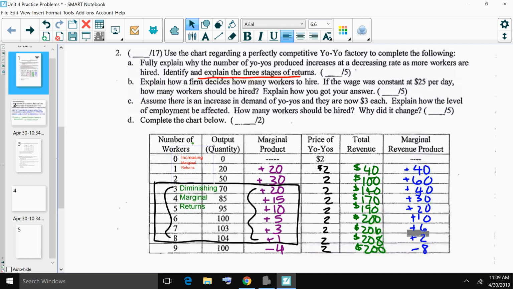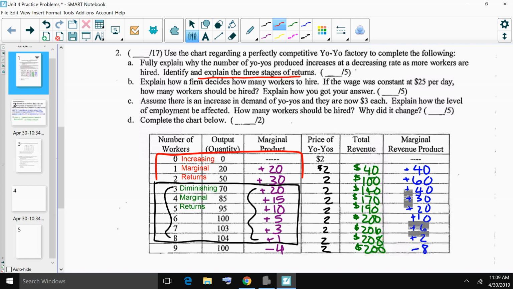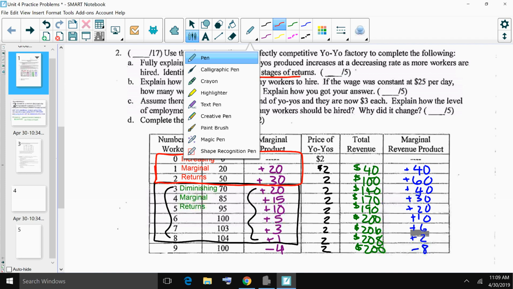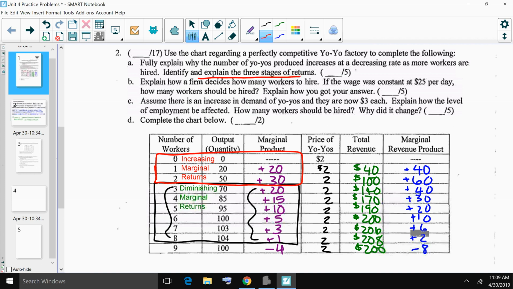You can tell there's increasing marginal returns right here because we are going right here up, right? 0 to 20 to 30. That's our increasing marginal returns. The middle stage is diminishing marginal returns. And now my 3rd stage is going to be my final one down here at the bottom.